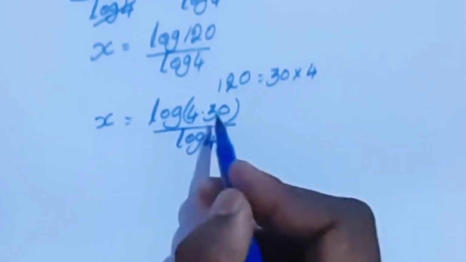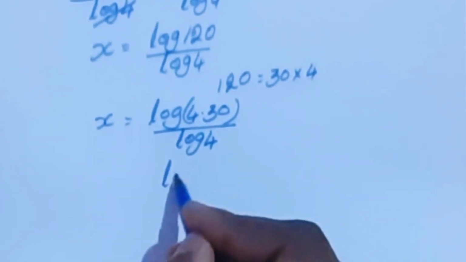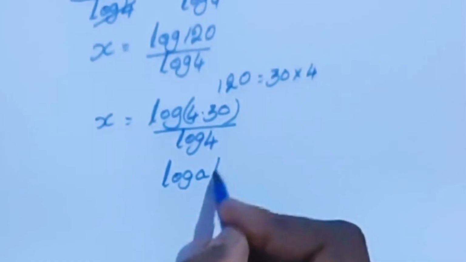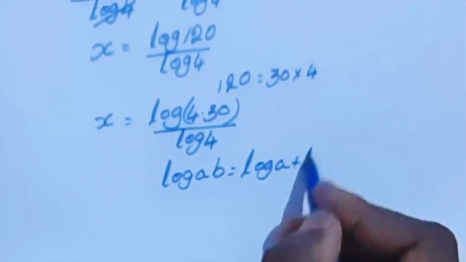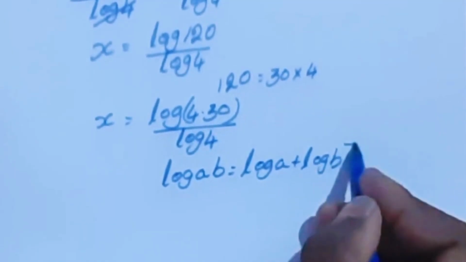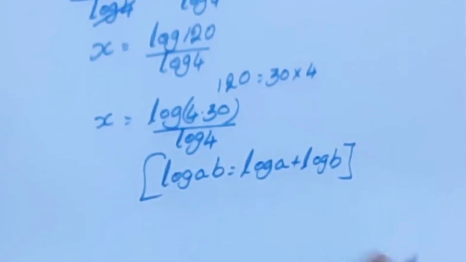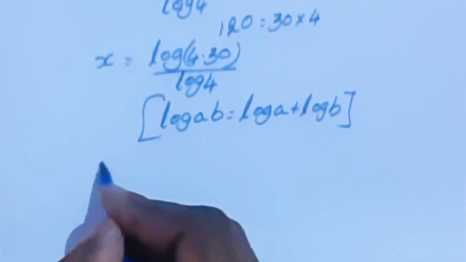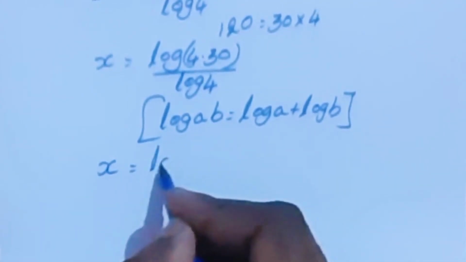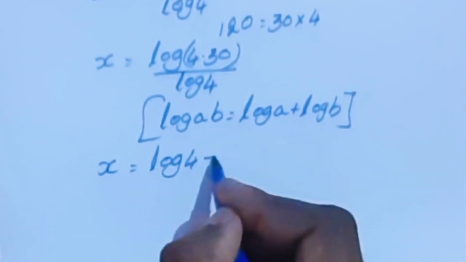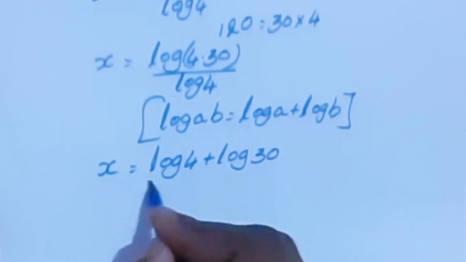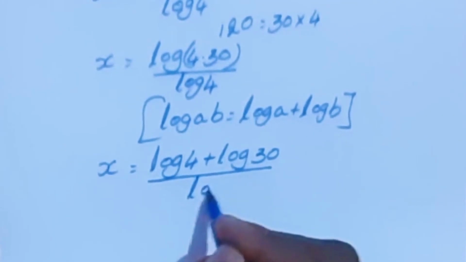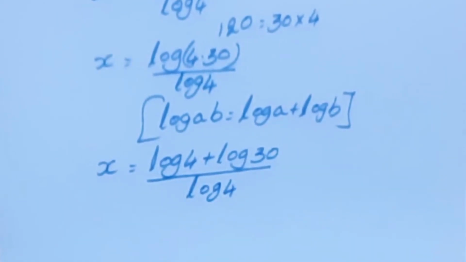Now applying this log product formula here, log AB equal to log A plus log B. This formula we are going to apply here. So x equal to log 4 plus log 30 whole divided by log 4.